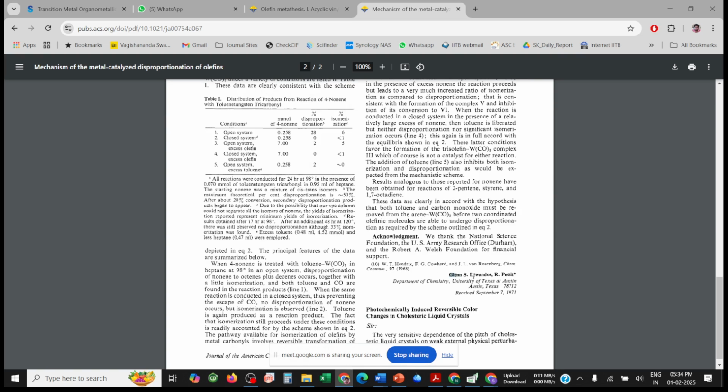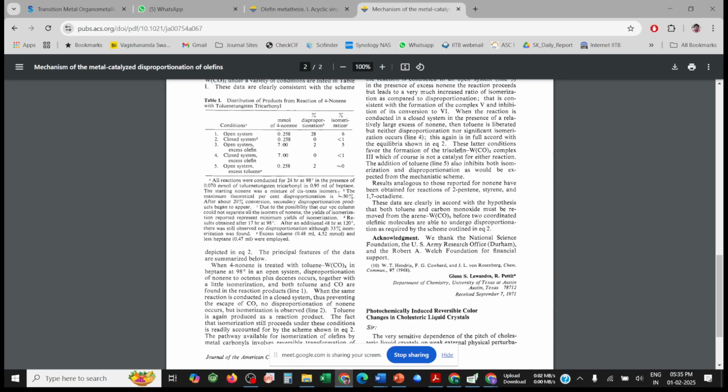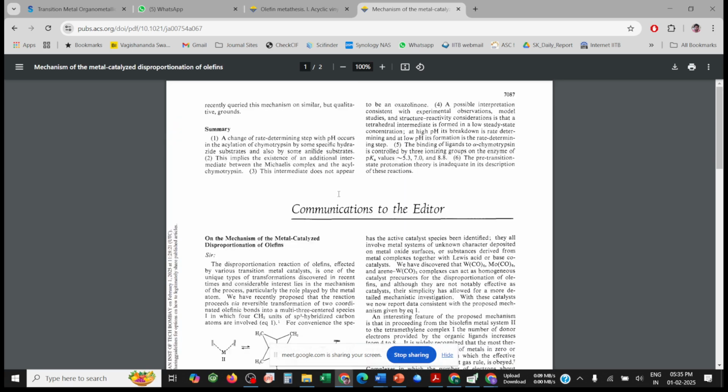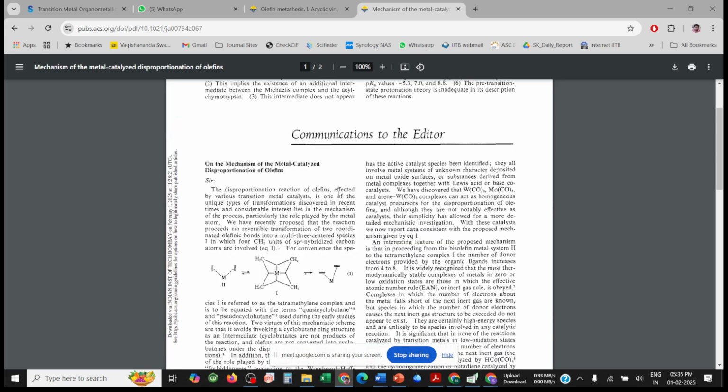You can see the name, Petit, is the author. So this paper proposed the mechanism. This is the original paper from Petit, a communication to the editor. Okay, let's move to the next question.